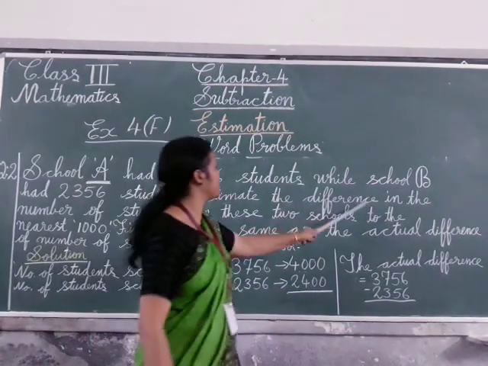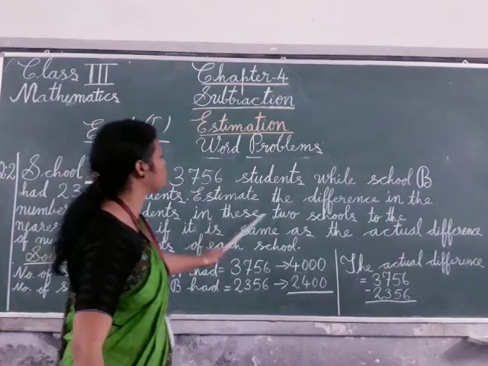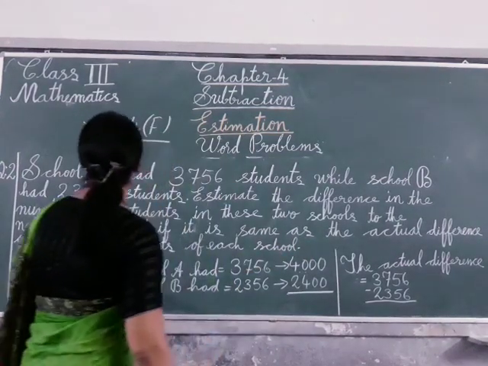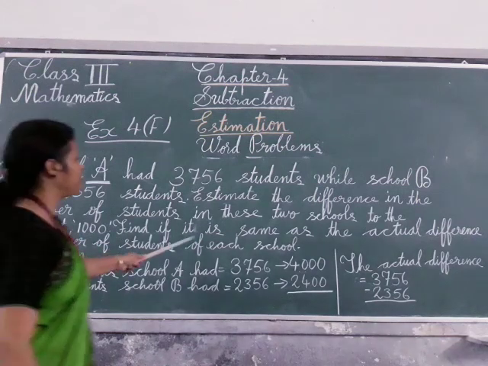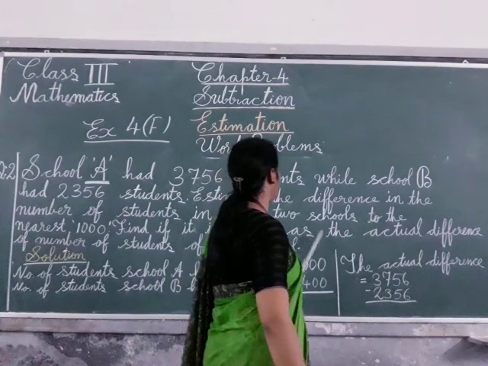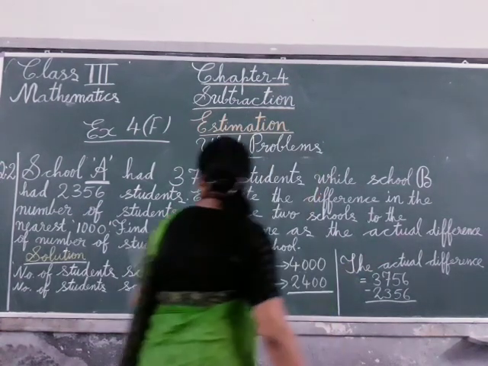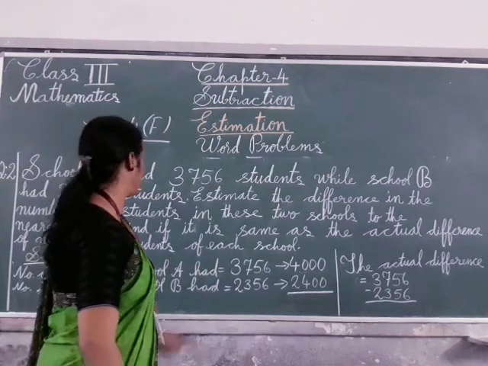Estimate the difference in the number of students in these two schools to the nearest 1,000. Find if it is same as the actual difference of number of students of each school.